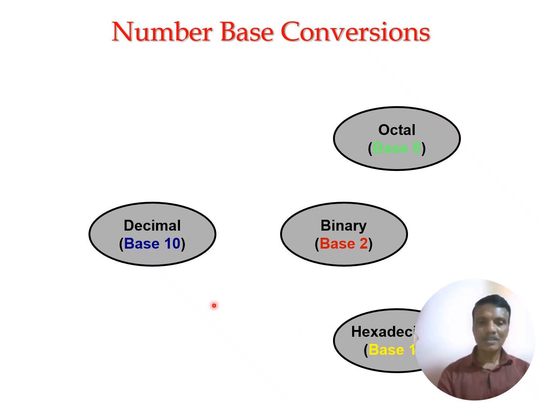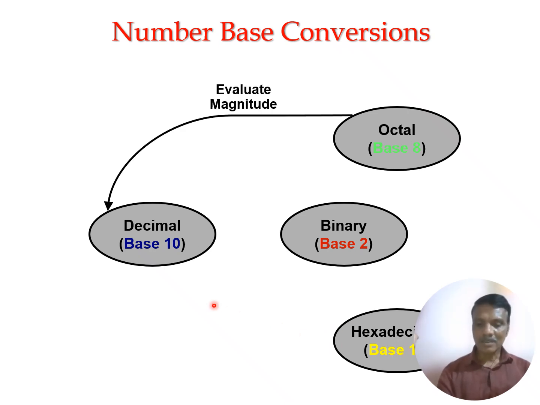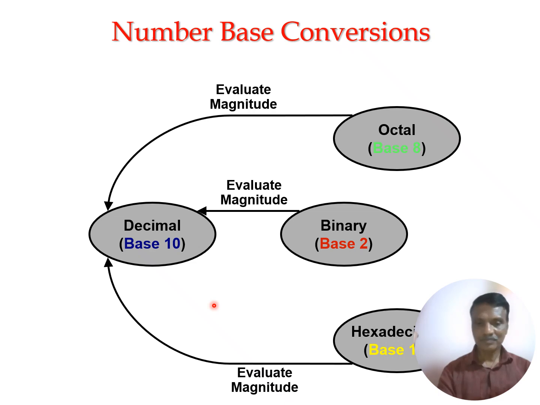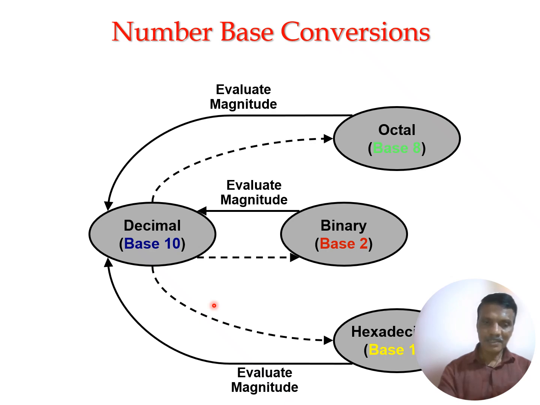Like this, octal to decimal, binary to decimal, hexadecimal to decimal, and then decimal to octal conversion, decimal to binary conversion, decimal to hexadecimal conversion, that is, decimal to any base conversion.